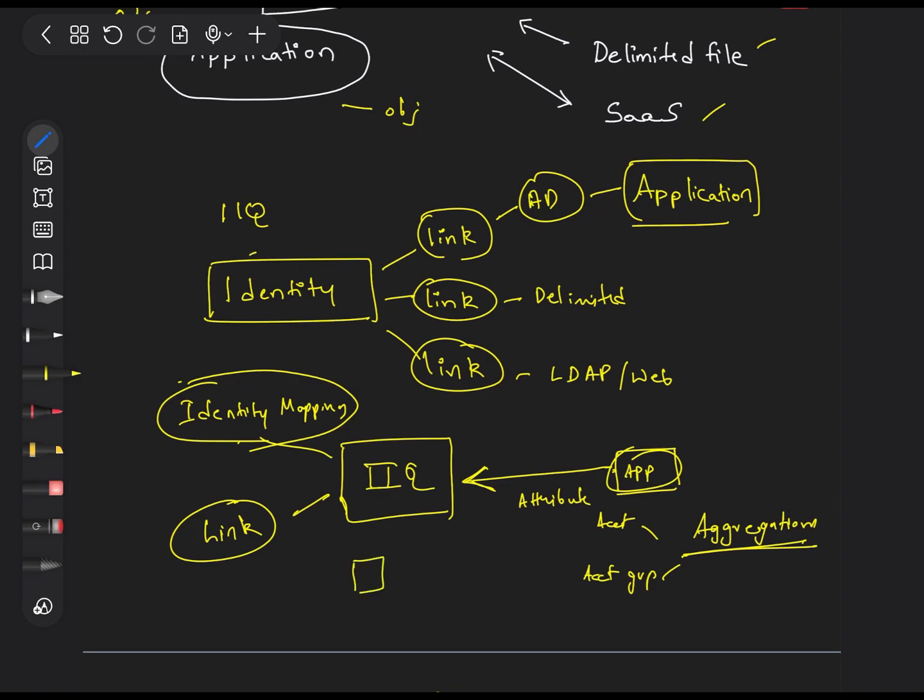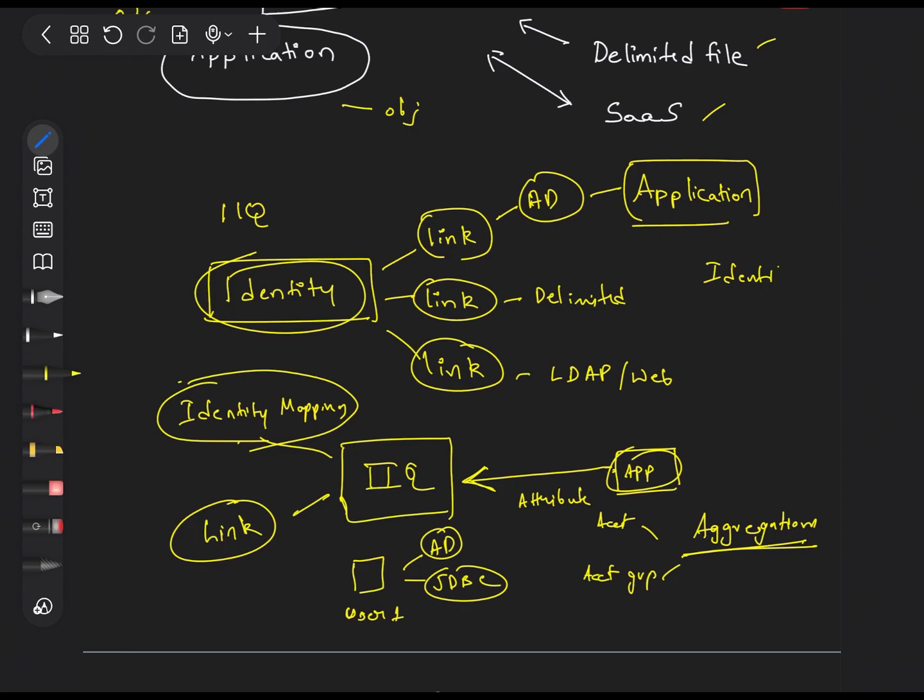Let's say there is an identity object, user1. When you onboard any application, say AD or JDBC, there will be a link tagged to this user1.